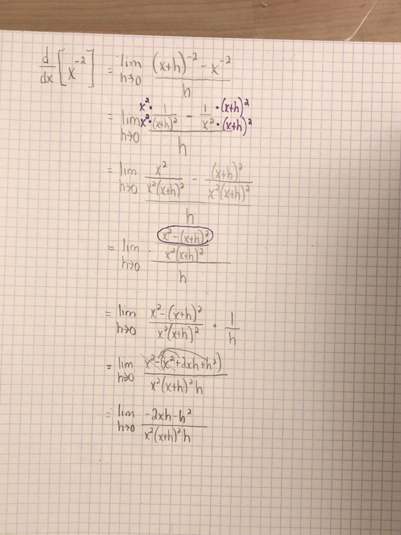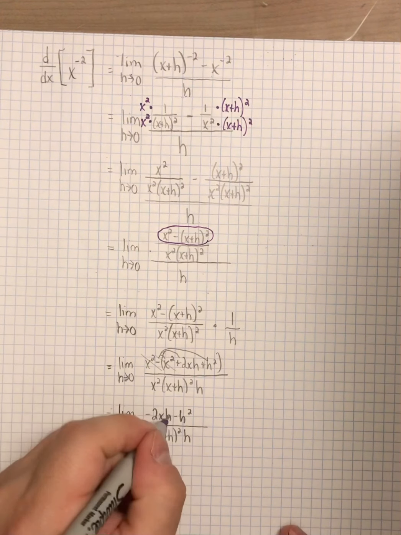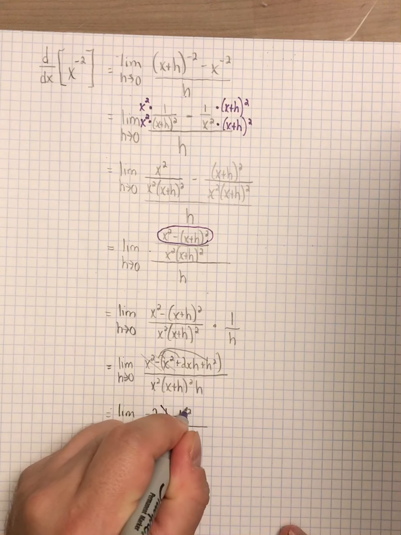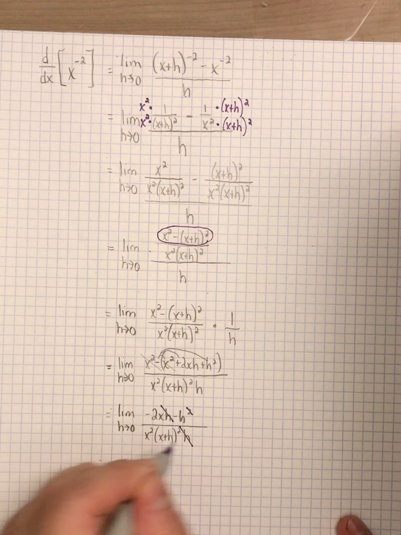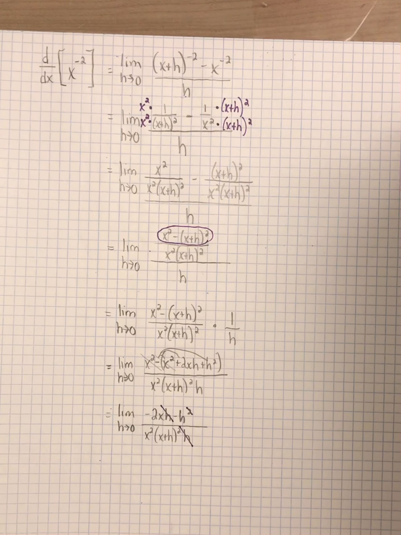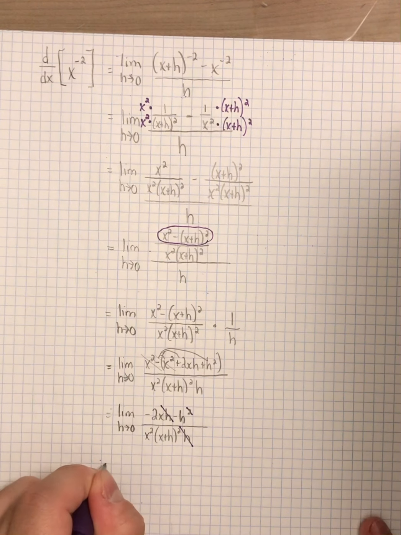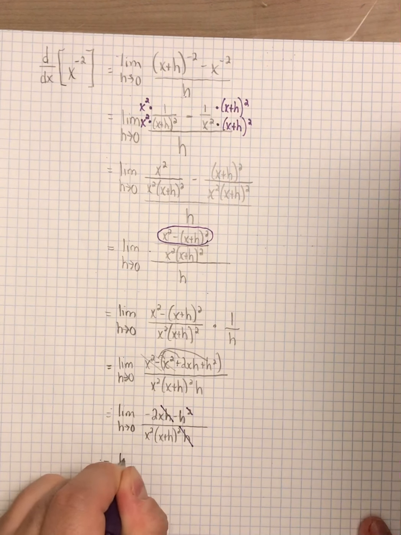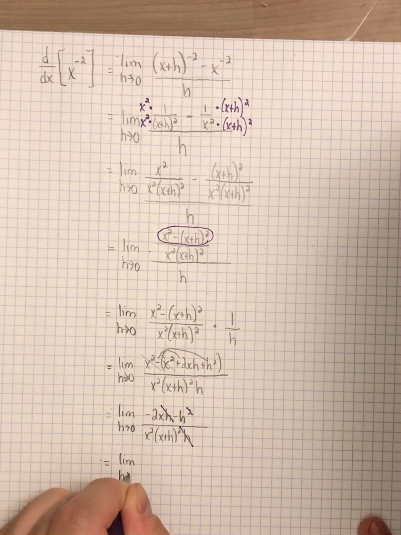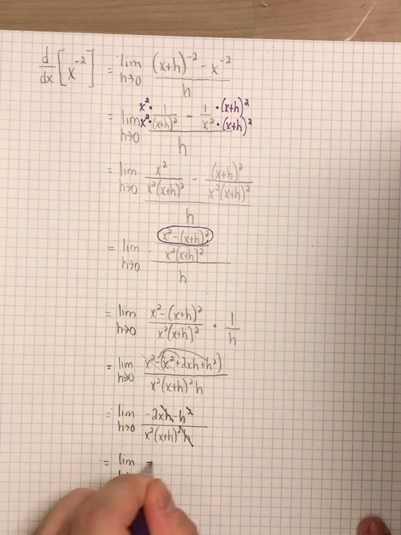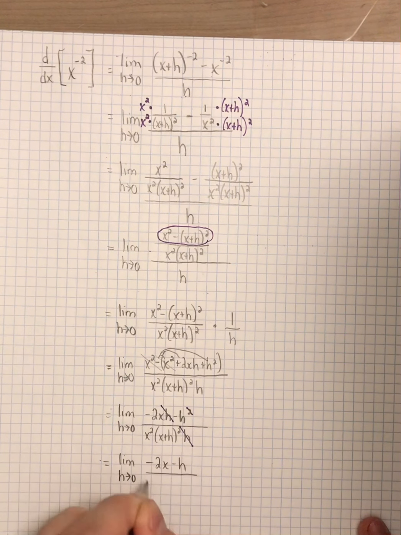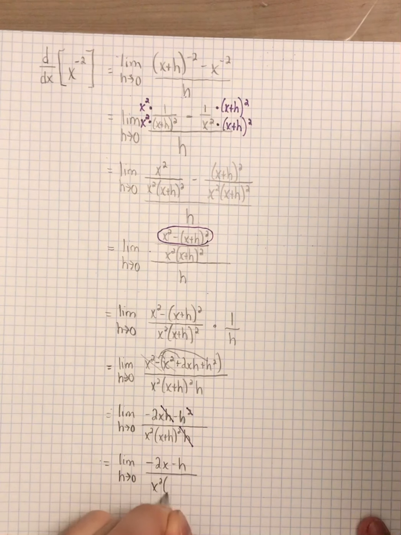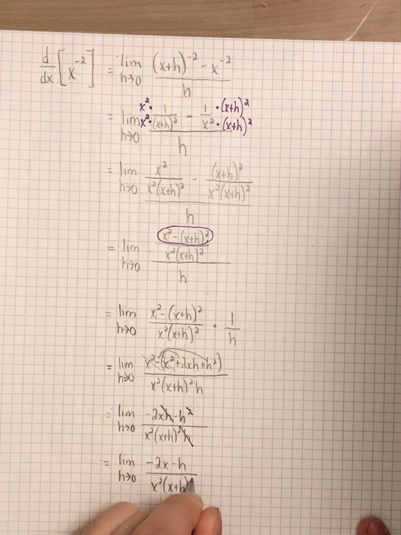Now, taking a little bit of a liberty here, if I factor a single factor of h out of each term of the numerator, that will then simplify with the factor of h that's in the denominator. And what we would be left with would be the limit as h approaches 0 of negative 2x minus h over x squared times x plus h squared.